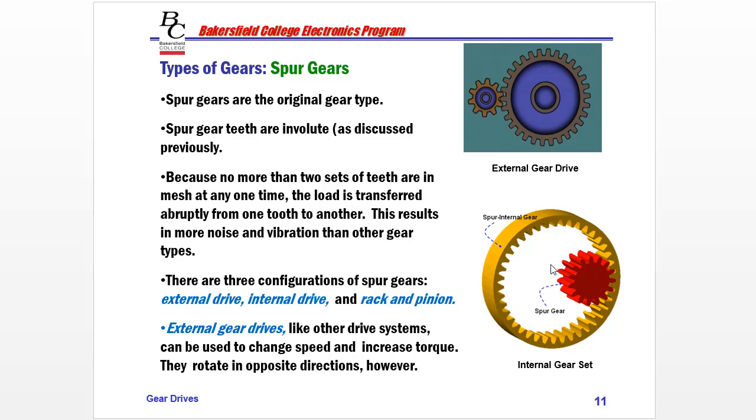Now with an internal gear, they're going to turn the same direction. So if the spur gear is spinning clockwise, as it meshes to the internal gear, this red is the pinion spinning clockwise, and you can see it's going to spin the yellow clockwise.